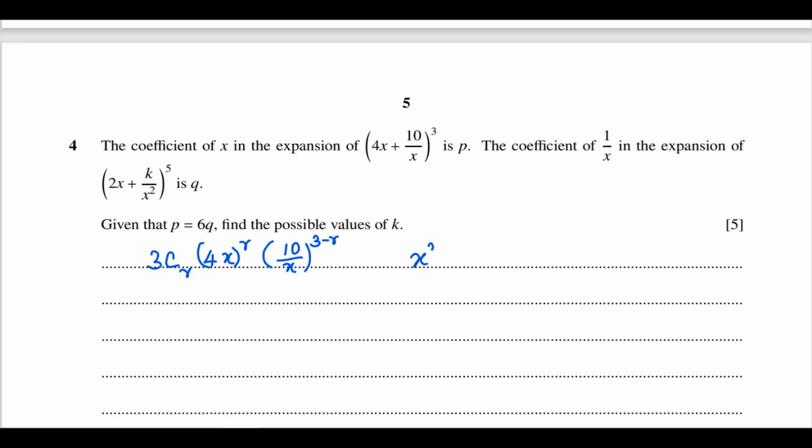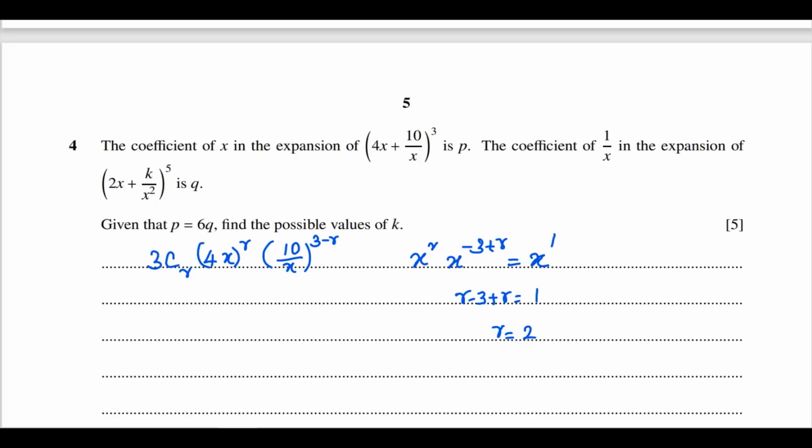So x power r and x power minus 3 plus r equal to x power 1, because we need the coefficient of x only. So the power is 1. When the bases are same, you can add the powers and equate the power. So r minus 3 plus r equal to 1. So 2r is equal to 4. So r is equal to 2.